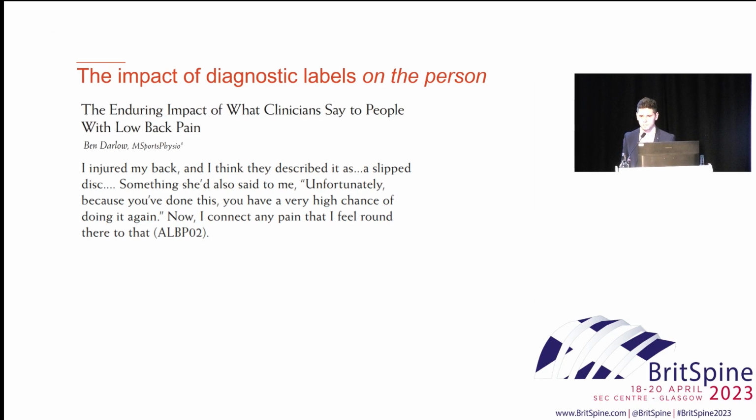So this person, I think it's a man, injured his back and was given a label, a slipped disc. Together with that label, he was given a bit of education, a bit of explanation of how his condition was going to progress and what was going to happen to him in the future, since he had developed that slipped disc problem.